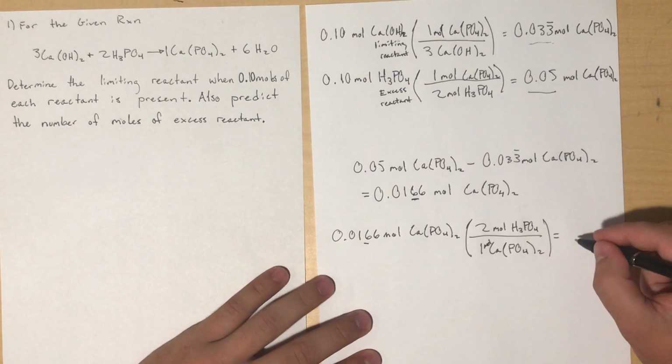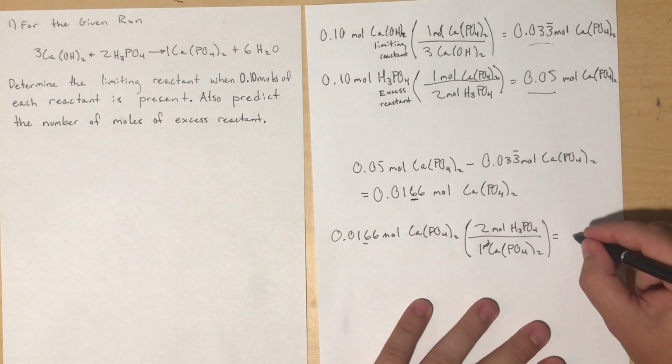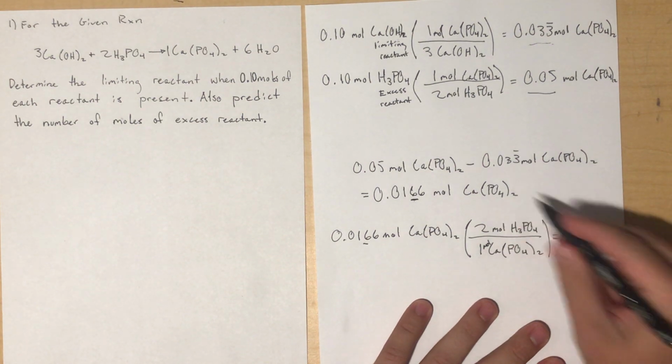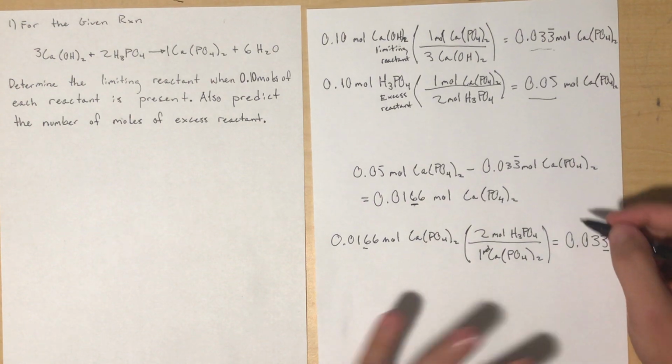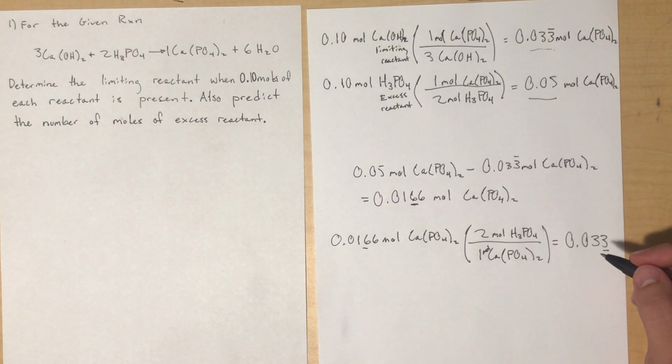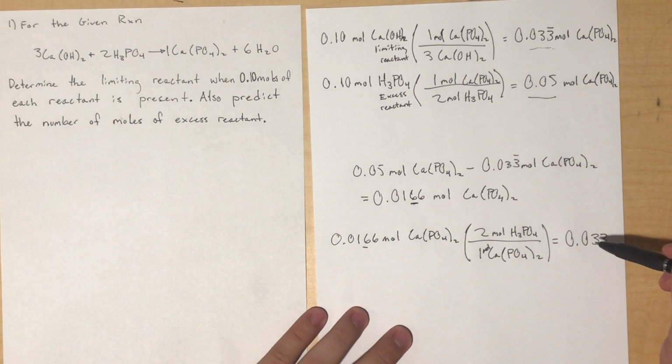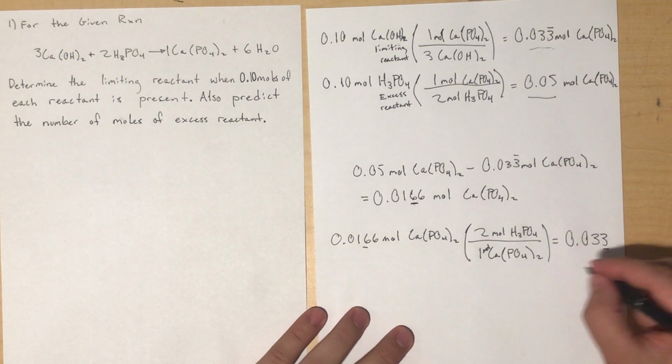And when we do this, we get 0.033, and that is to the right sig figs there. So that is how much reactant we will have left of the excess reactant.